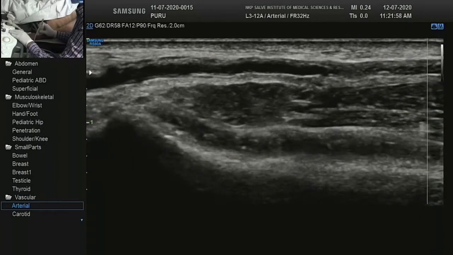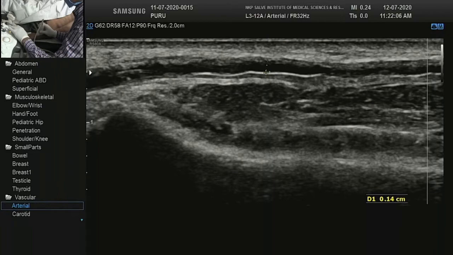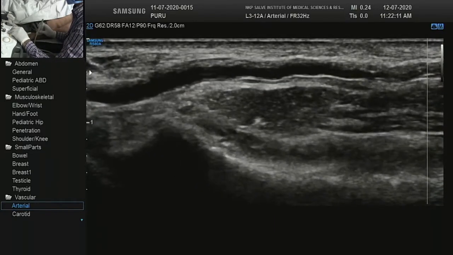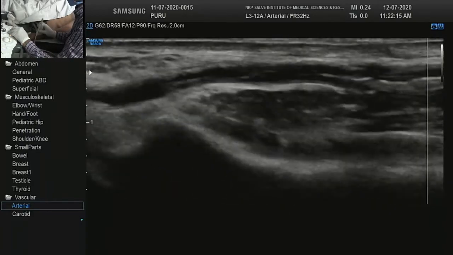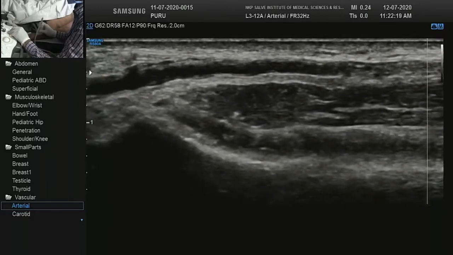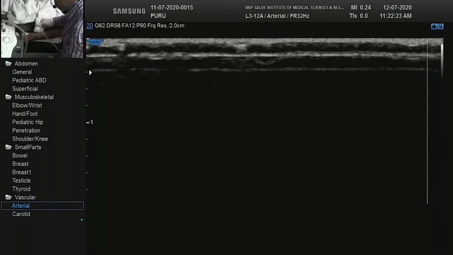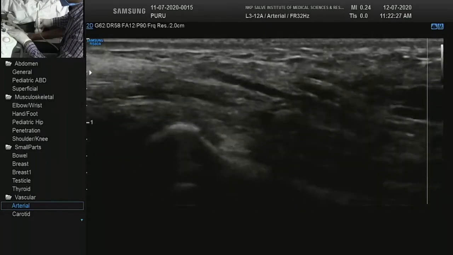So that's the radial artery. You can measure it. So this is 1.5 millimeters, and we can mention it at the level because the distal part of the radial artery is taken as a harvest. Similarly, we should measure the brachial artery diameter also. We will go to the ulnar side.